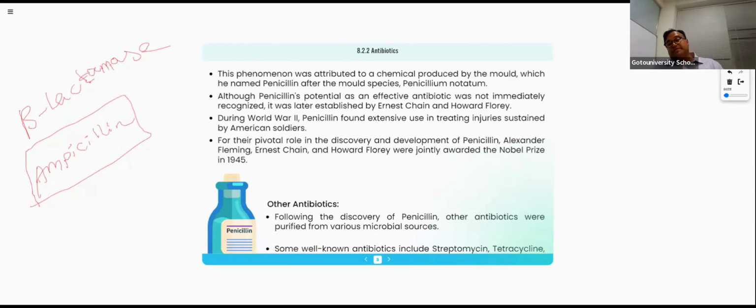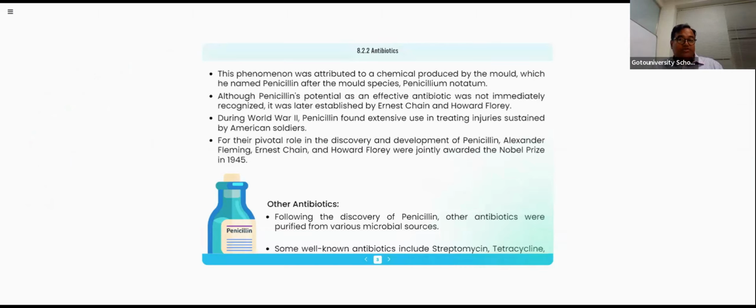Once upon a time, 100 years or 50 years back, the penicillin injection was given in less concentration, but nowadays we are giving penicillin injection in huge concentration. 2 to 3 ml of the injection. Once upon a time, we gave only 10,000 units. But nowadays we are not giving 10,000 units.